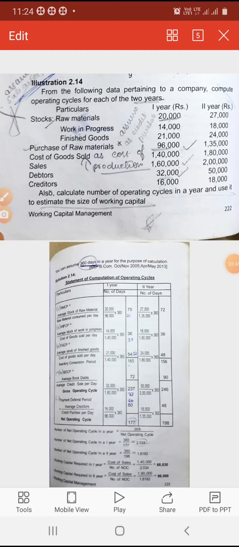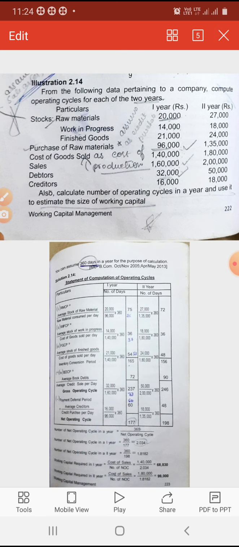Now work in progress conversion period. The formula is average stock of work in progress divided by cost of goods sold per day. So 14,000 divided by 1,40,000 into 360, you will get 36. Then 18,000 divided by 1,80,000 into 360, you will get 36.